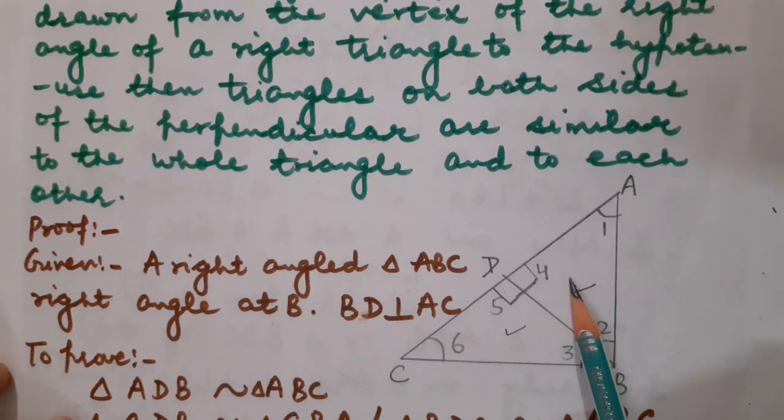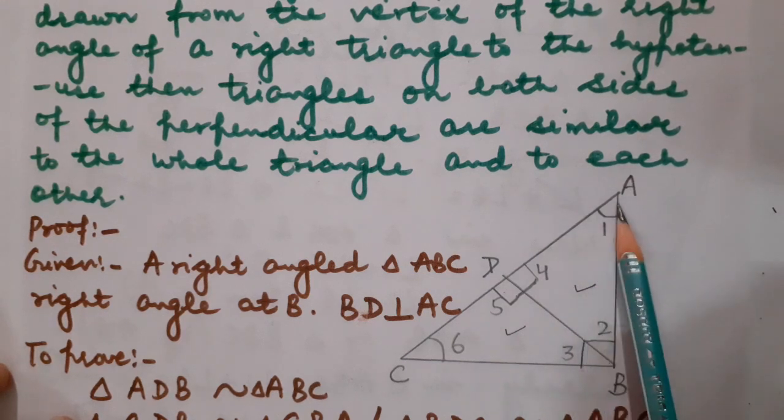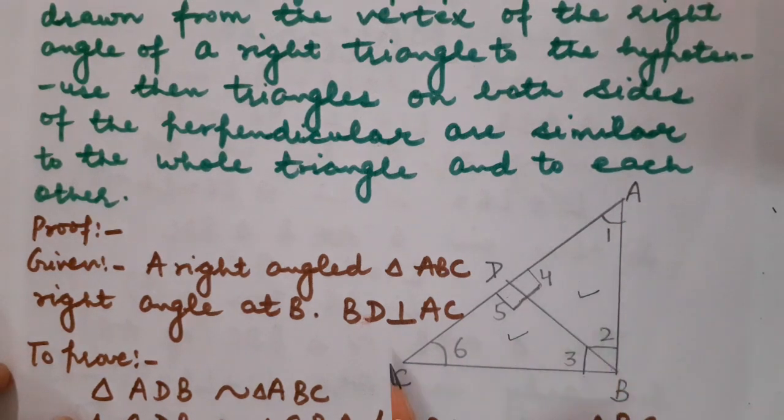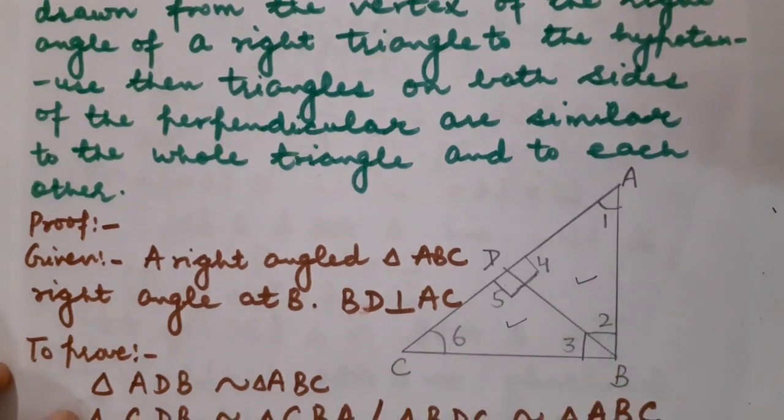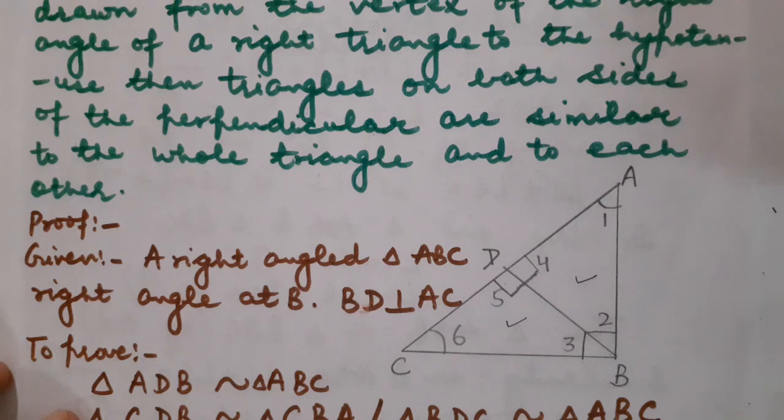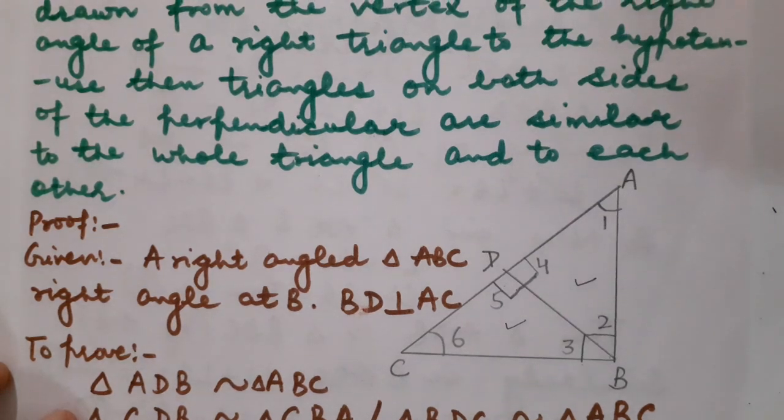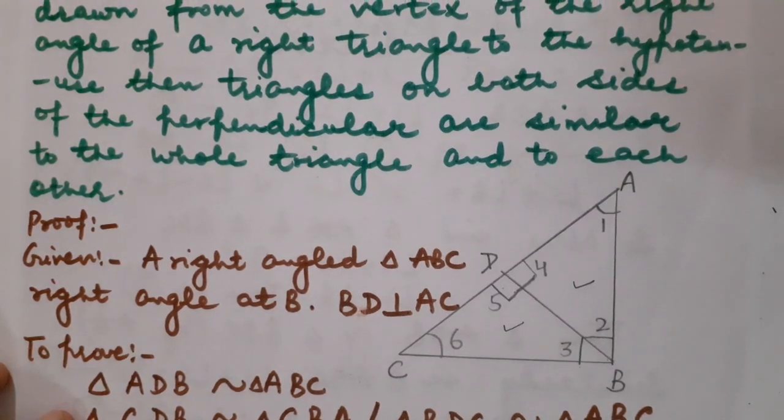Correct? Then both of these triangles are similar to each other, as well as similar to the whole bigger triangle, that is triangle ABC, which is a right angled triangle, right angled at B. So this is the statement of theorem number 6.7.